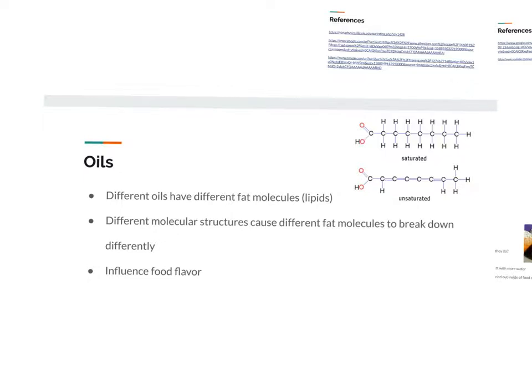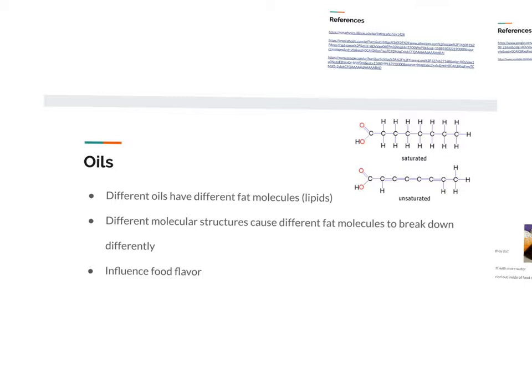Looking at the molecule diagram that I have up here in the top right, you can see that the saturated fat molecule has single bonds throughout. This causes it to break down more easily in lower temperatures. In the low temperature, when the fat breaks down, the hydrogen, carbon, and oxygen can be released into the oil and can influence the taste of the food.